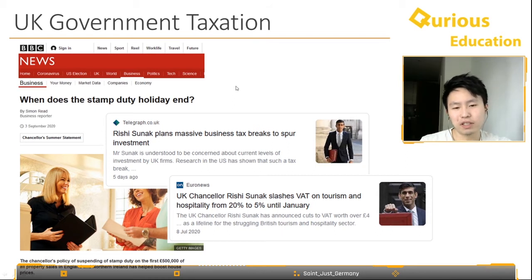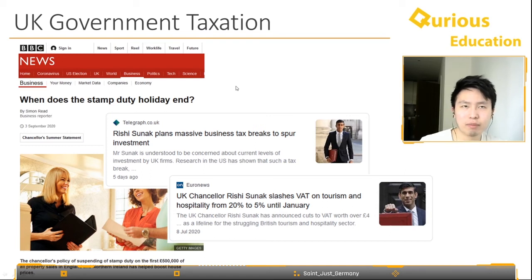Okay, next one. So we've talked a lot about government spending. Now let's talk about the other side of the coin, taxation. The government can increase or decrease its spending, and similarly, the government can also increase or decrease its taxation.